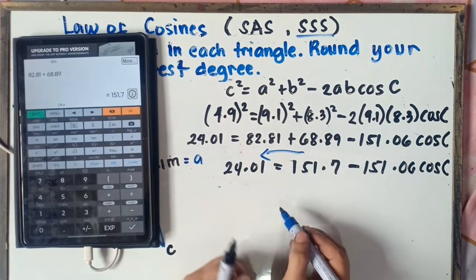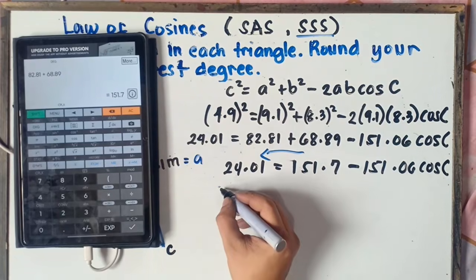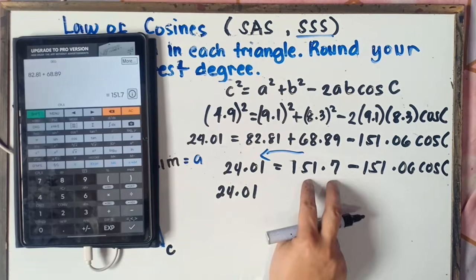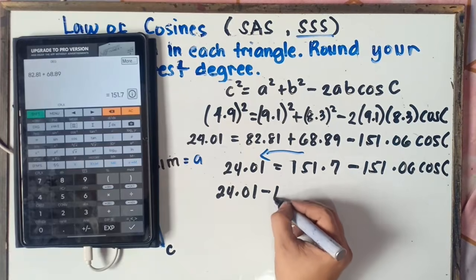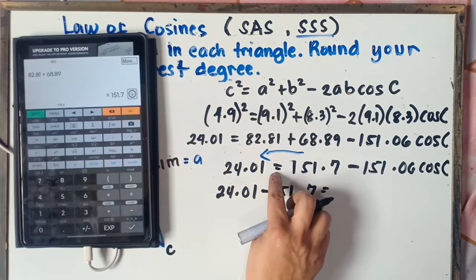Question, sir, why do we need to transpose? So that you can combine all numbers. So this will be 24.01. We transpose this one. This is positive, it will become negative 151.7. Once you transfer from this equal sign, you change the sign.